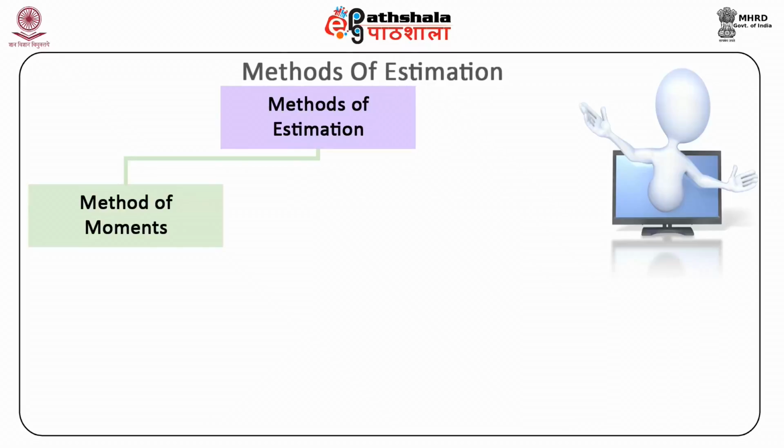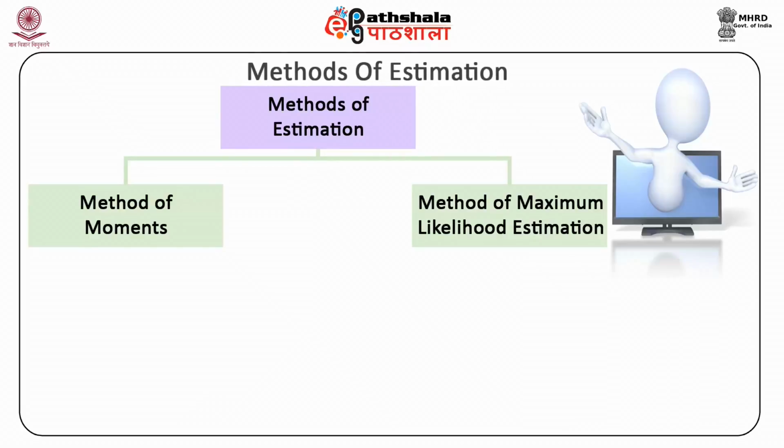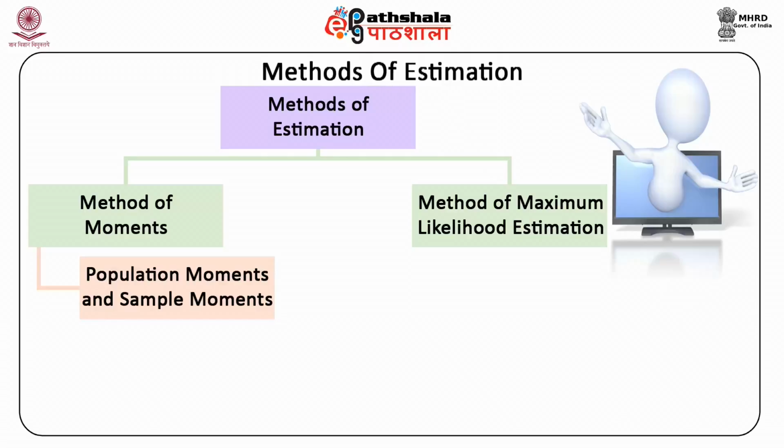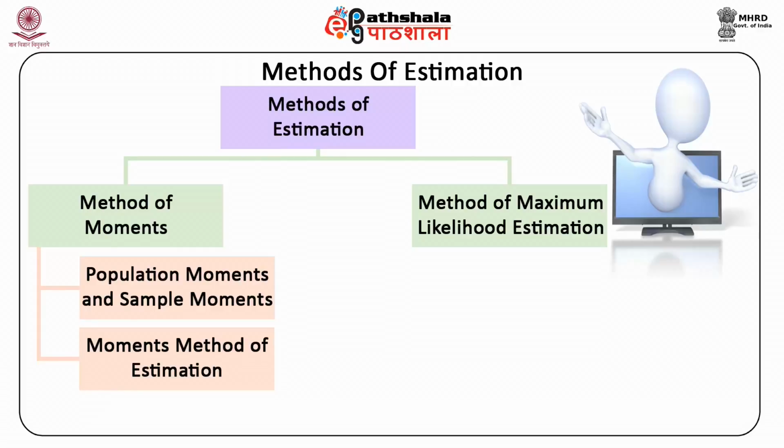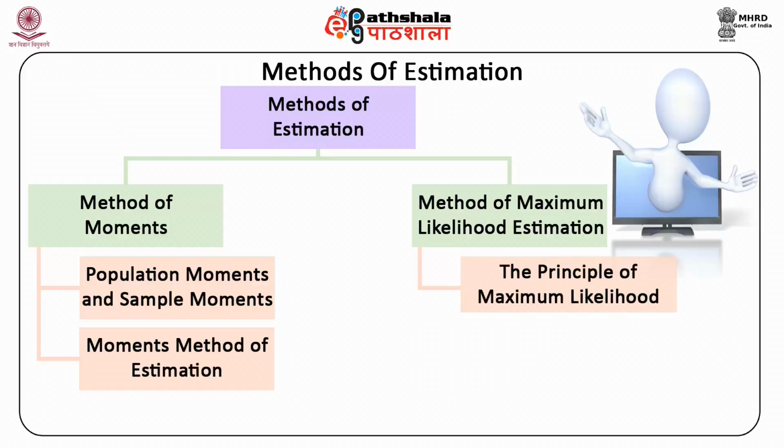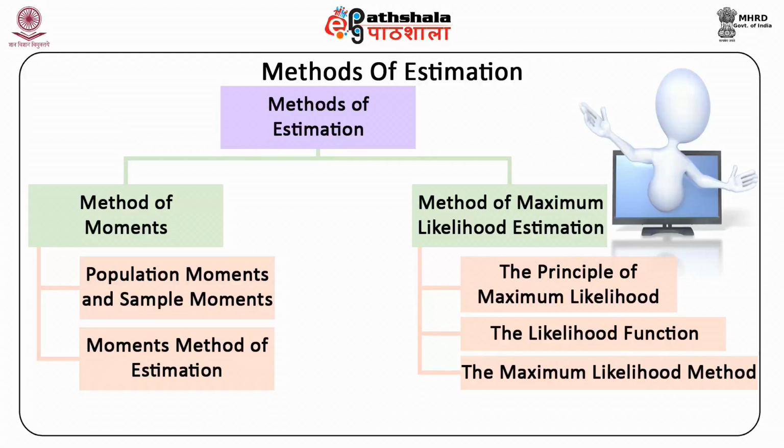These are the method of moments and the method of maximum likelihood estimation. Method of moments can be seen through population moments and sample moments, and moments method of estimation. On the other hand, method of maximum likelihood estimation can be classified as the principle of maximum likelihood, the likelihood function, the maximum likelihood method, and the invariance principle.